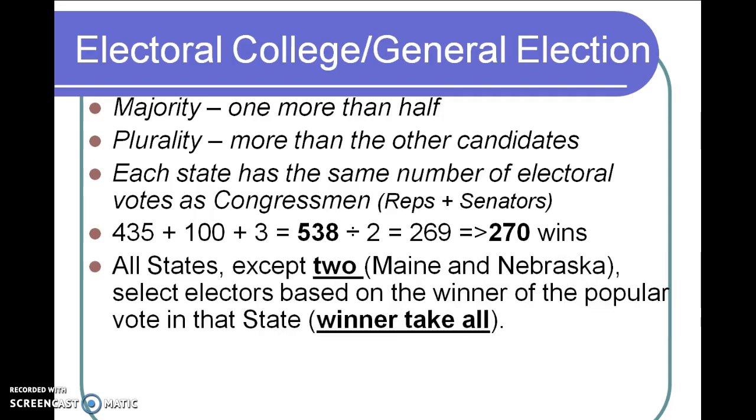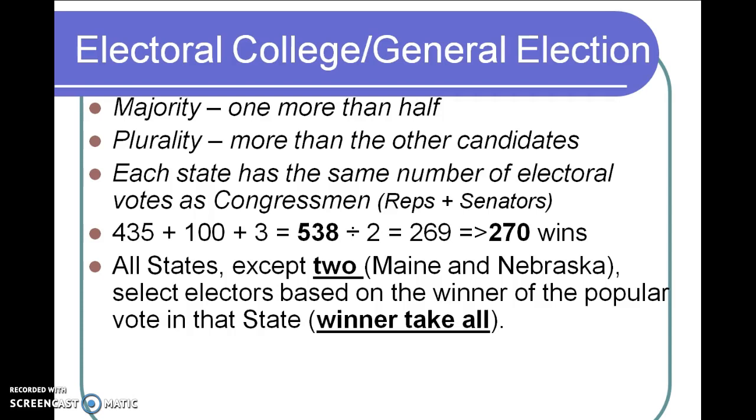Okay, all of the states except for 2, Maine and Nebraska, select electors based on a winner-take-all. So whatever the popular vote in that state is, the winner of the popular vote of that state gets all of the electoral votes for that state.